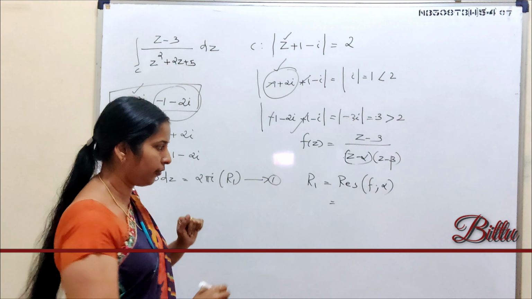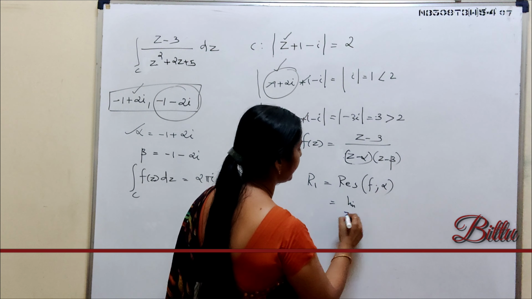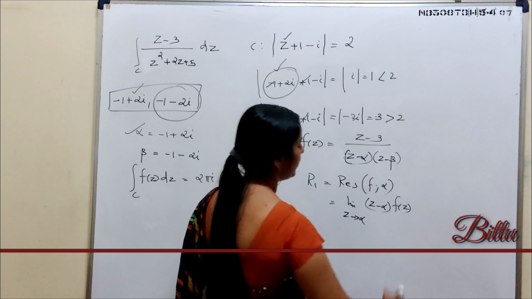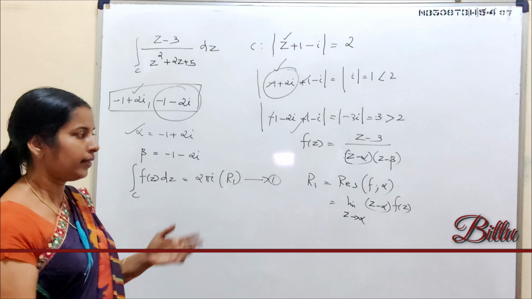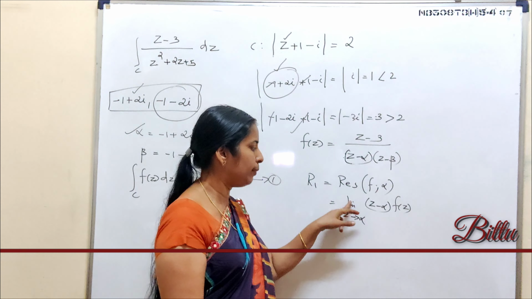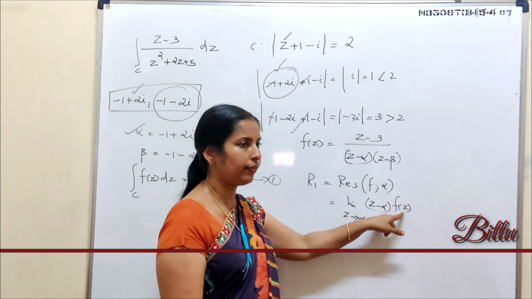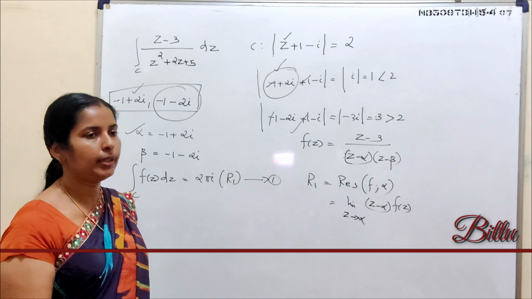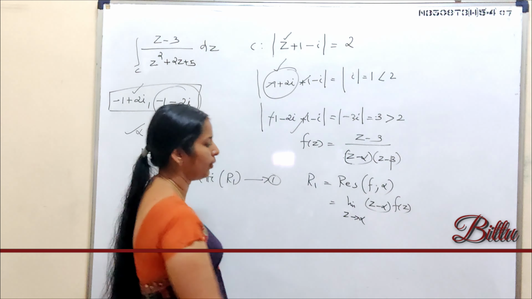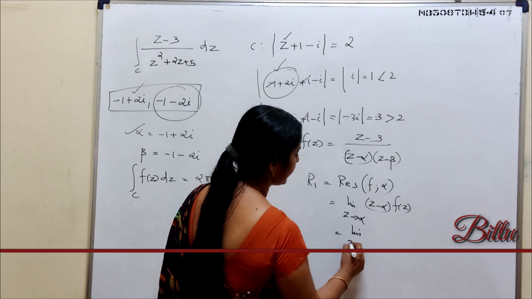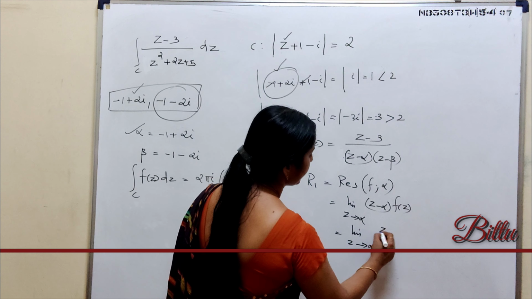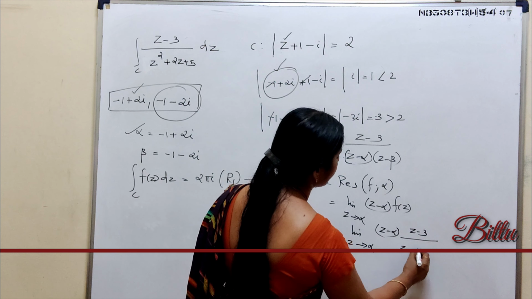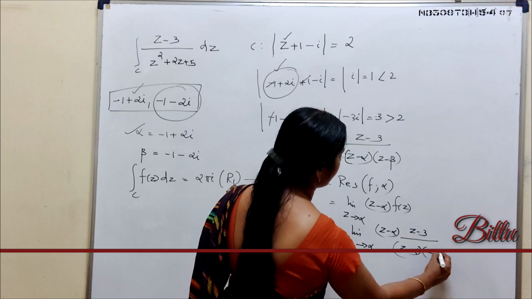Residue of f at alpha is limit z tends to alpha, z minus alpha into f z. See, we know residue of f at a is limit z tends to a, z minus a into f z. Here, in the place of a, it is alpha. So the expression is limit z tends to alpha, z minus alpha into f z, that is z minus 3 divided by z minus alpha into z minus beta.